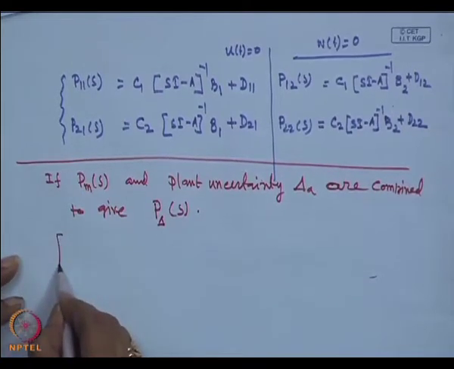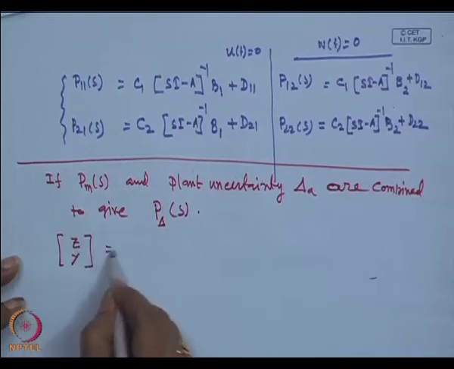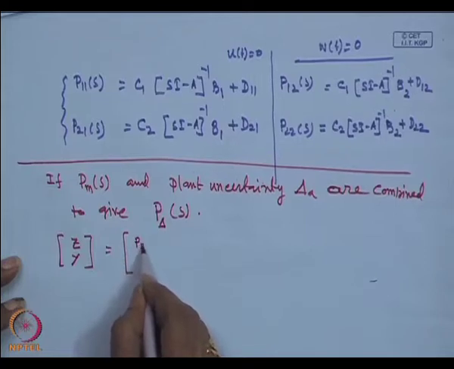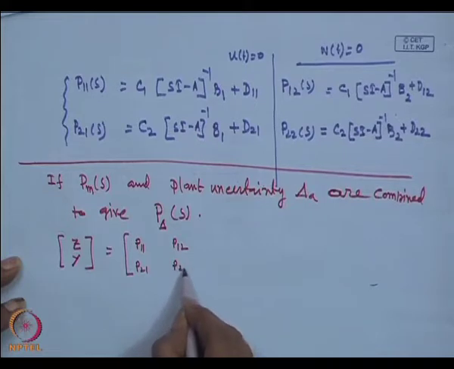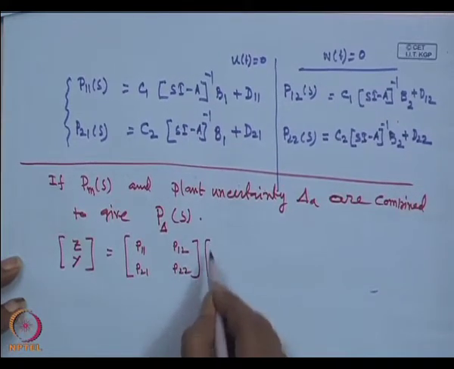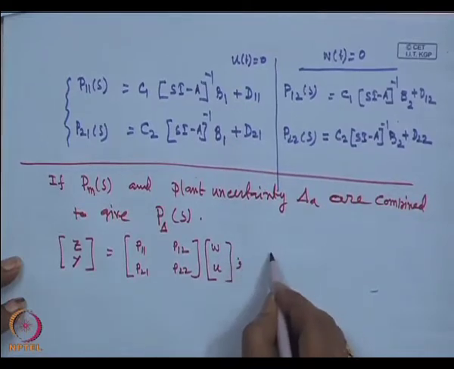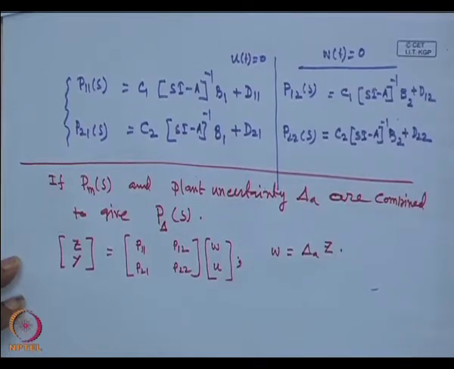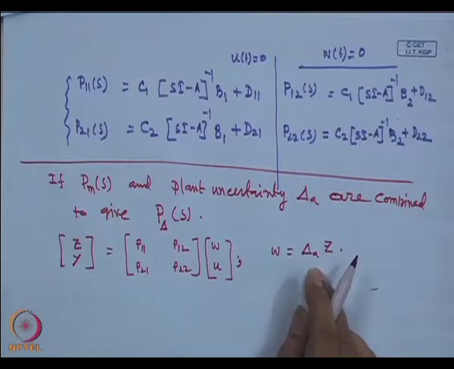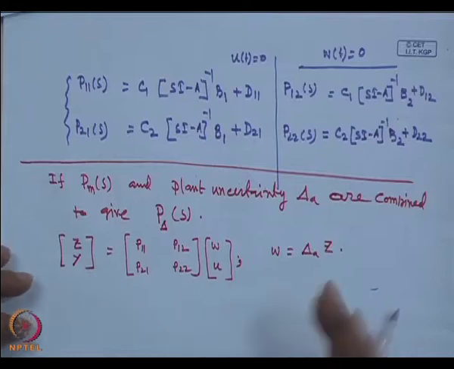We know this expression: Z and y equal to P11, P12, P21, P22 times W and U, and also we know that W is equal to delta A Z, and the delta A perturbation block we can place in diagonal form, with all perturbation elements in diagonal form.